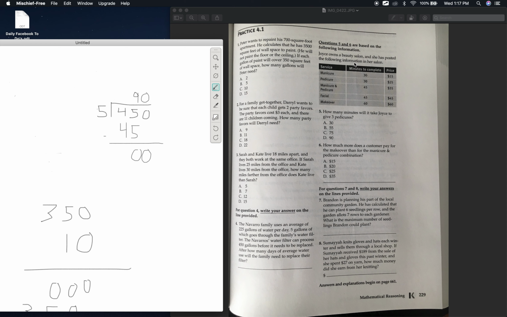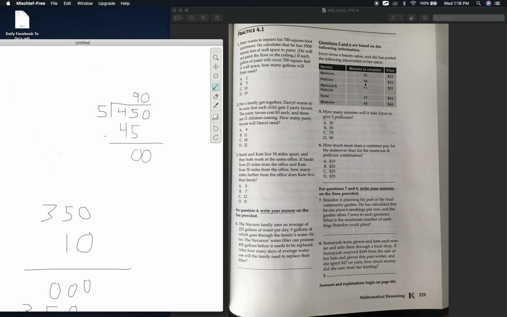Okay. Now, questions 5 and 6 are based on the following information. Joyce owns a beauty salon and she has posted the following information in her salon. Okay, so this is posted information. How many minutes will it take Joyce to give 3 pedicures? So here's a pedicure. It takes her 30 minutes, okay?